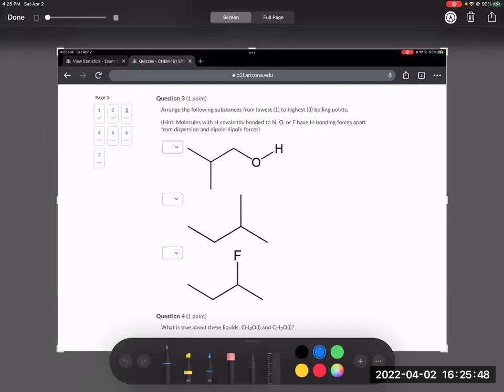When we have more types of intermolecular forces, they're going to have stronger overall intermolecular forces in general. Let's make a note.